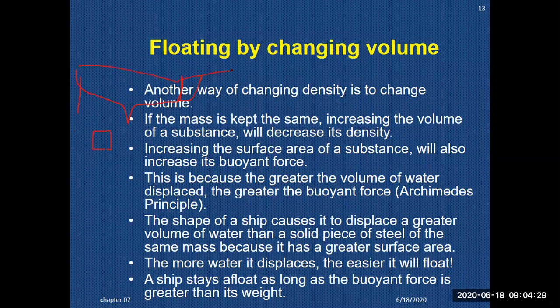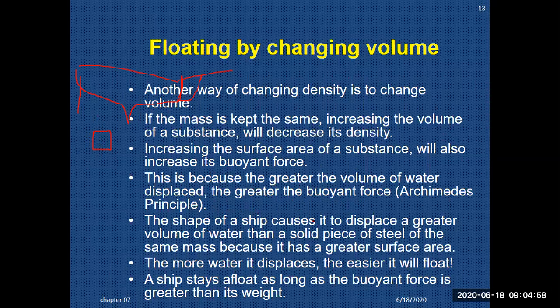Here is the volume of the large size. So in the case of the ship, you have increased the volume to increase the upthrust, but here it is the same mass but less volume. Here the upthrust will be less, so it will sink, but in this case it will float. So this is the reason why the volume of any substance plays an important role in floating the object. The greater the volume of water displaced, the greater the buoyant force, Archimedes' principle.